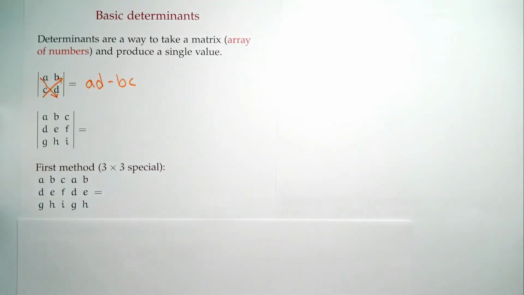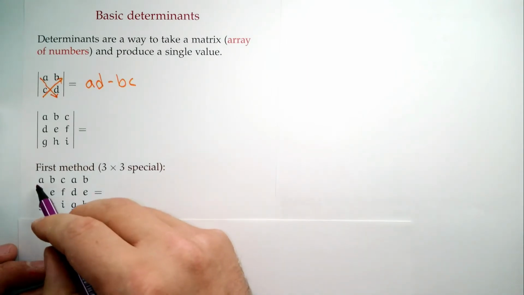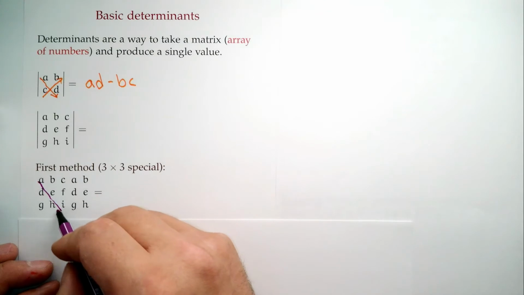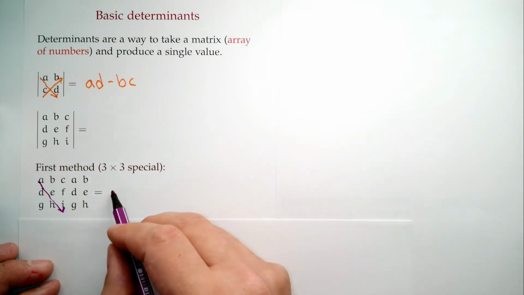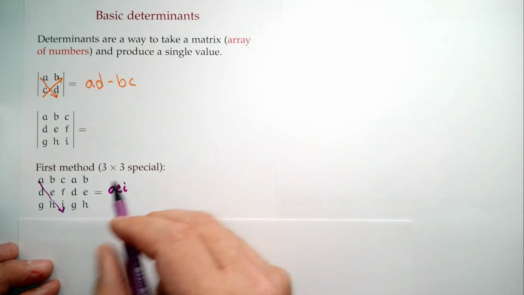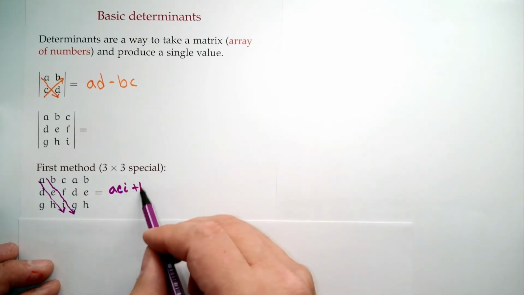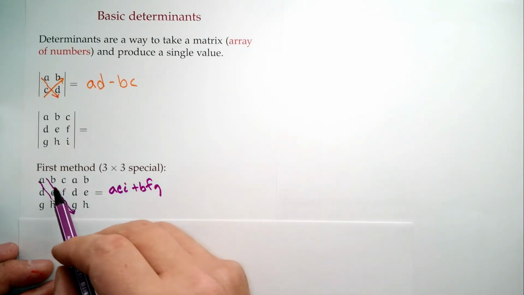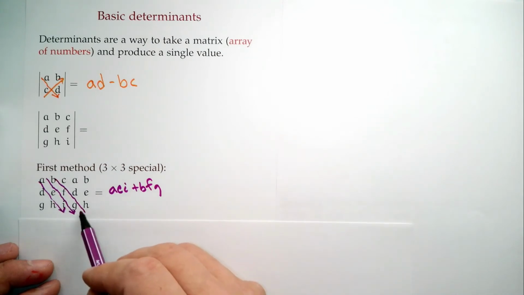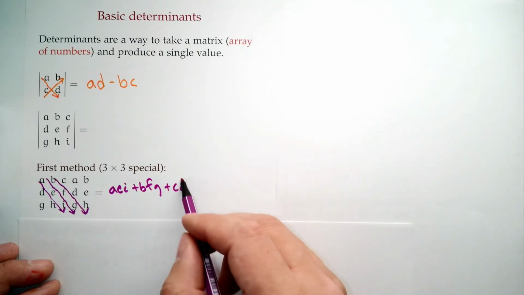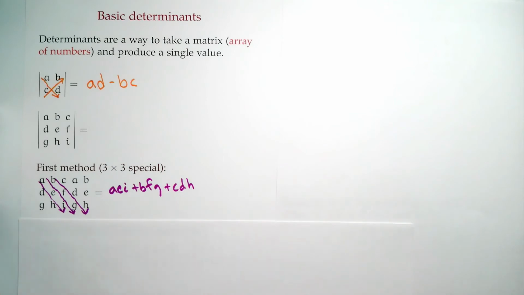We're going to do the same thing. So we're going to go down, and if we go down, we're going to get A, E, I. Then the next will be B, F, and G. And then the last one will be C, D, and H. So going down, add.